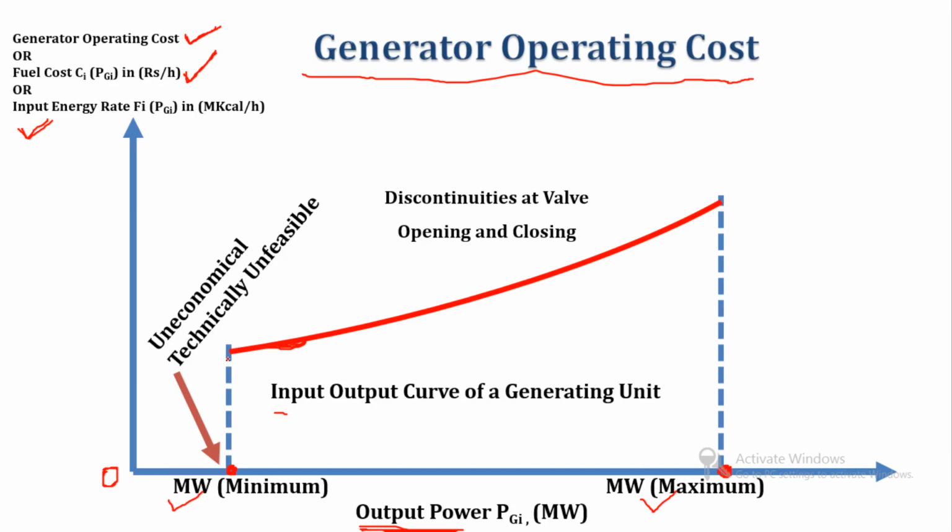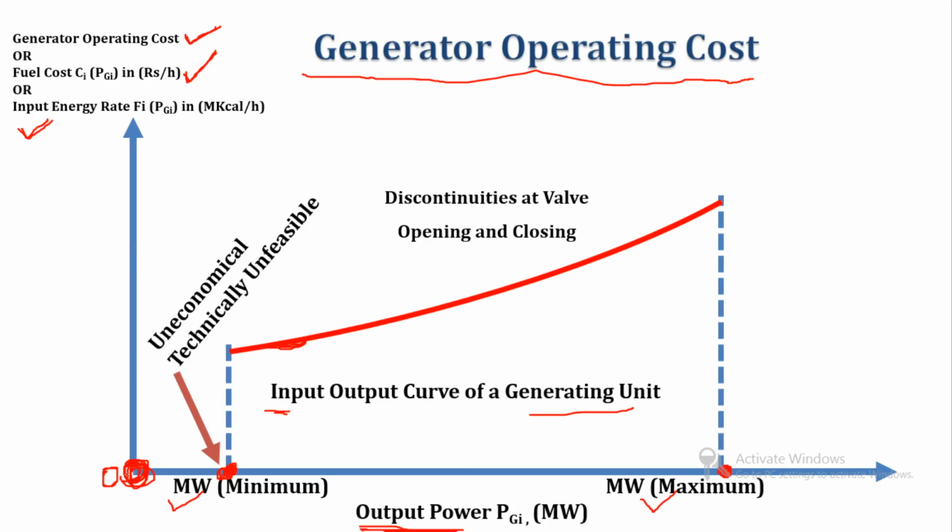It means that any generating unit cannot be run at 0. It must generate some minimum megawatt power. Even if that unit is not required, we cannot turn it off. We have to run that unit at some minimum megawatt power, because at 0 it is uneconomical.